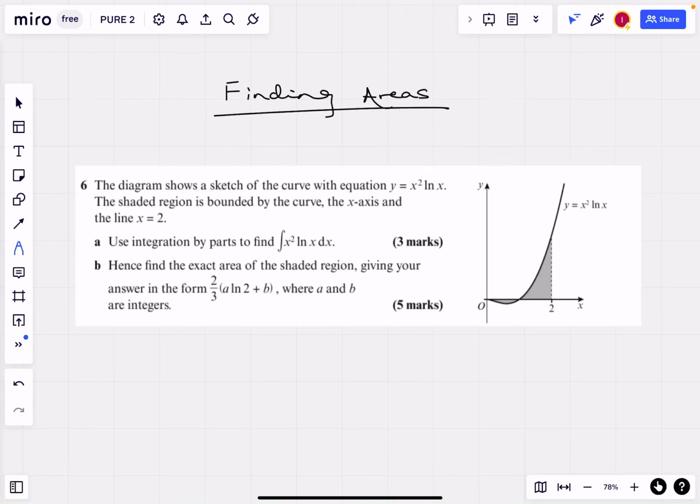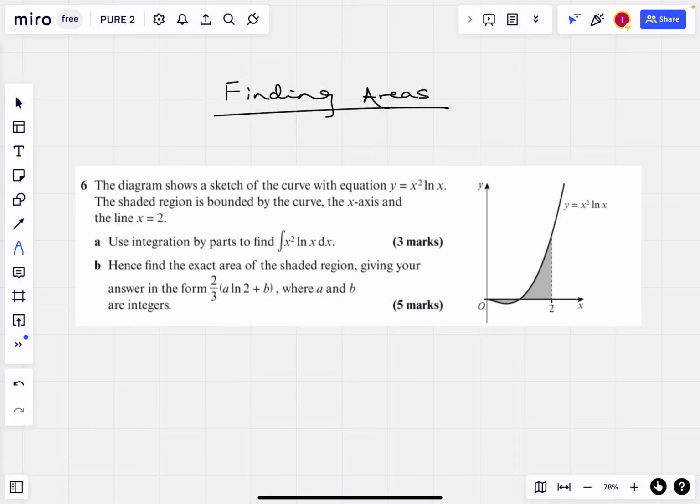The whole point of integration is to find the area under a curve, right? So you're often going to get questions which have some sort of curve, some sort of graphical diagram, and you have to work out the area within a given region, and a lot of the time it's going to be shaded.